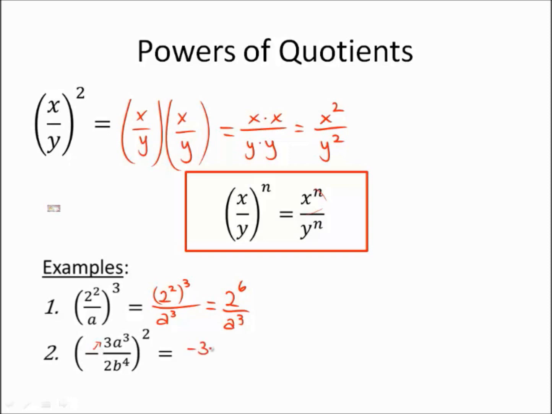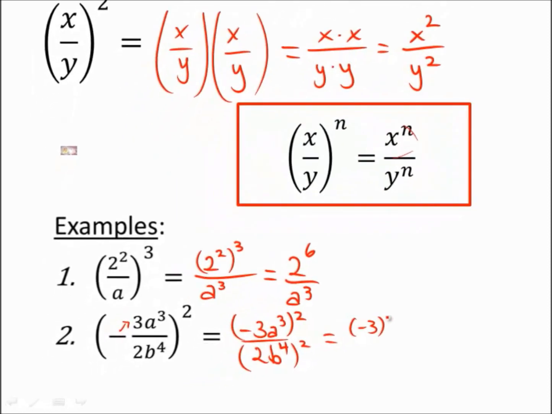So in this case, you could say that that's a negative 3a cubed over 2b to the 4, and we are squaring the numerator and the denominator. If you're squaring the numerator and it's a product, we need to separate each component and square them both. Similarly in the bottom. So really, you're almost like distributing your exponent.